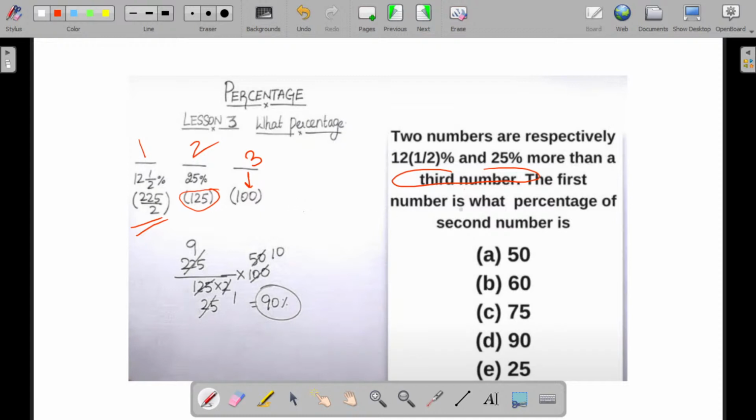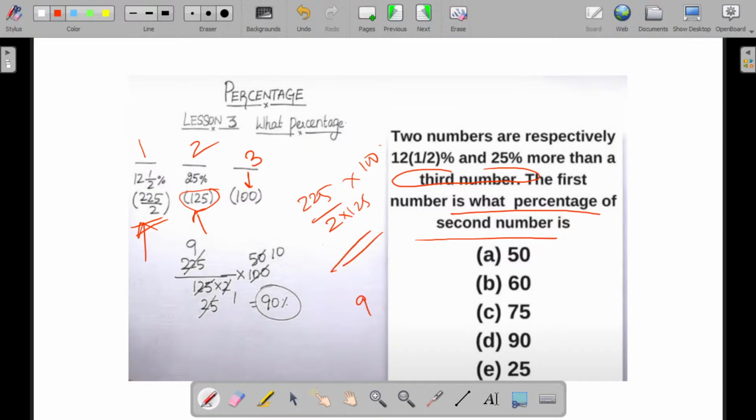So the first number is what percentage of the second number? So here you need to calculate 225 by 2 divided by 125, and here 125 will come into 100.